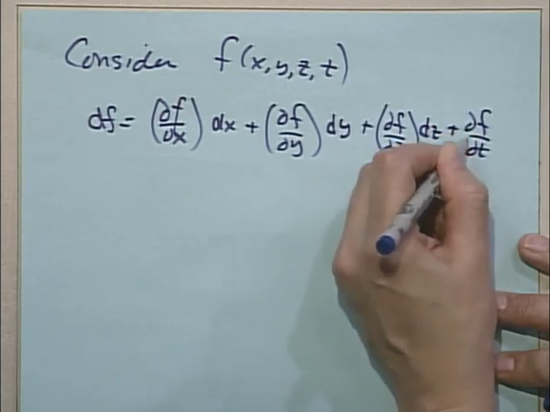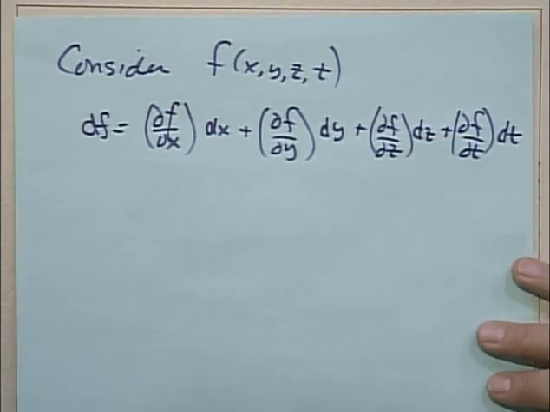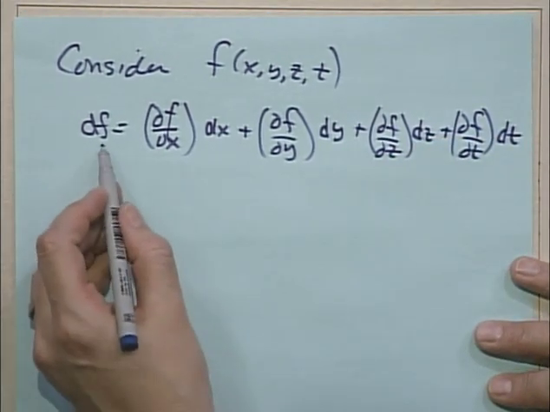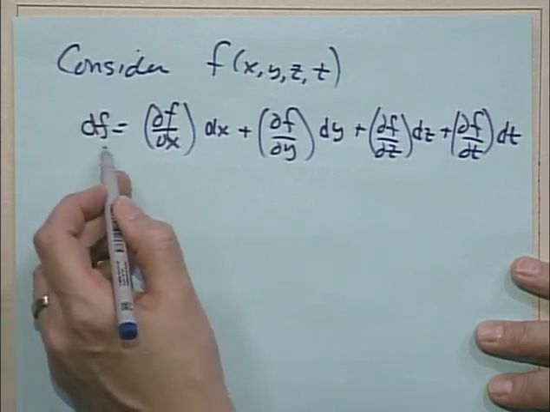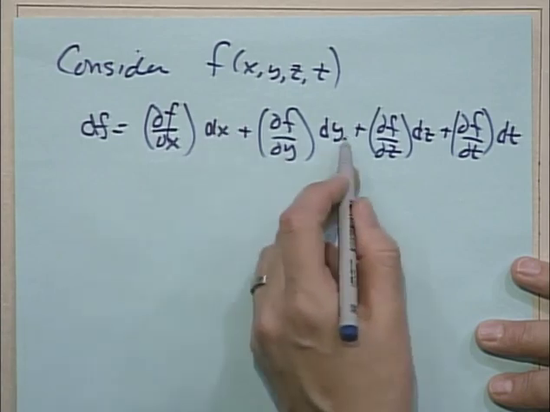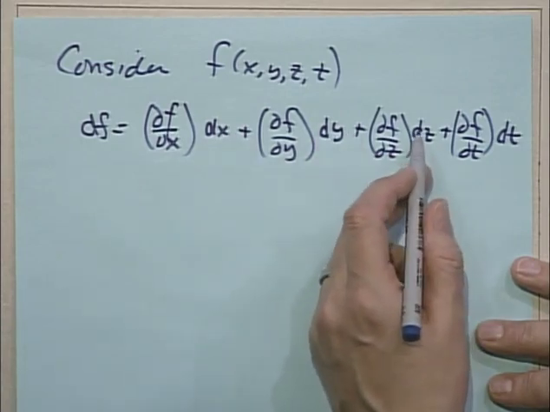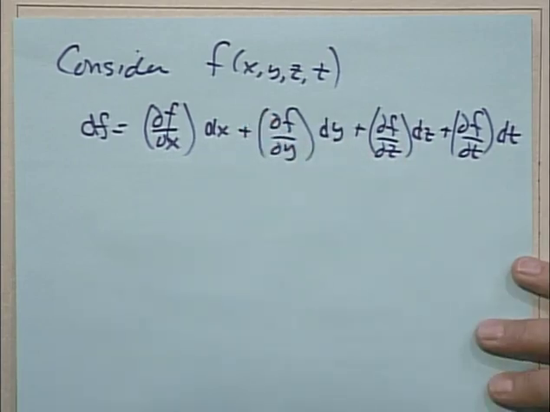It's a multivariable function. This would be calculus 3. And that is how we can relate through this chain rule the small amount of change in the function f to changes that might take place in the various variables that make up the function f of x, y, z, and t.